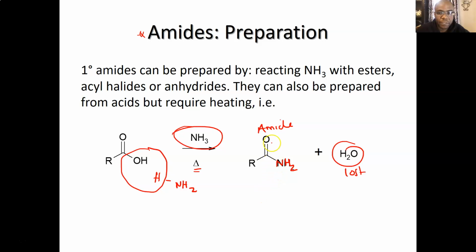This is a primary amide because compared to ammonia, you're missing two hydrogens, one of which was substituted by the carbonyl R group. I can call this whole thing to the left an R, but I know there's a carbonyl, so it makes it a primary amide. What is lost in the process? This reaction is not very easy because carboxylic acids are not reactive.